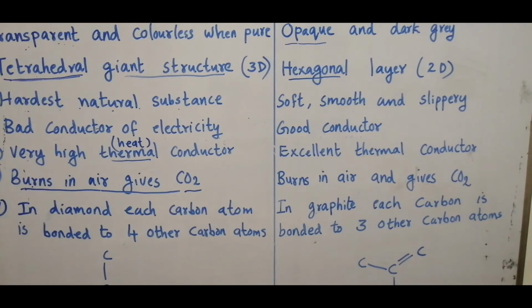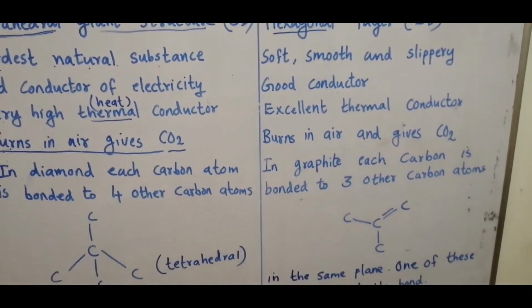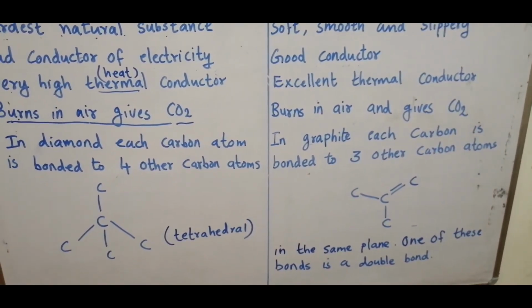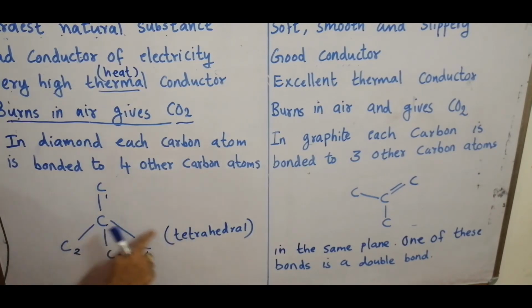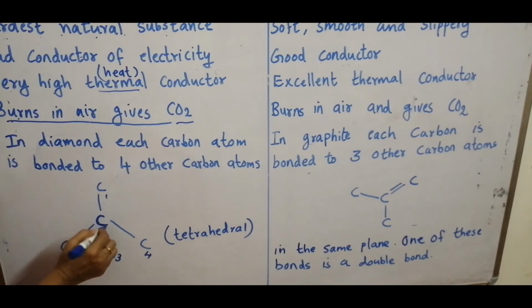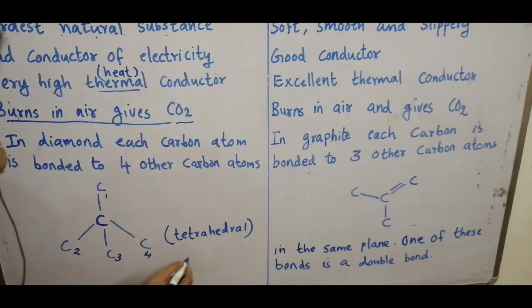In diamond, each carbon atom is bonded to 4 other carbon atoms. So it is said to be tetrahedral. This carbon atom is bonded to 4 other carbon atoms, and this has a tetrahedral structure.